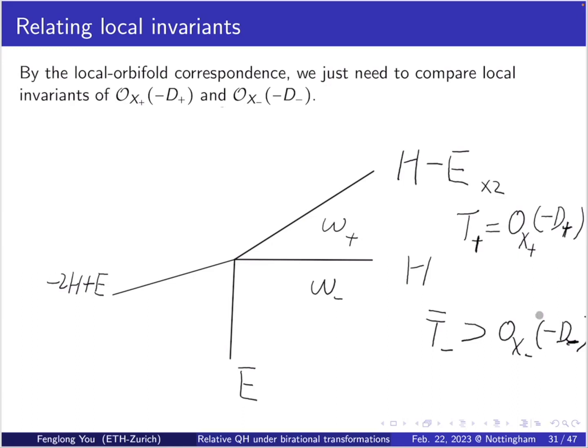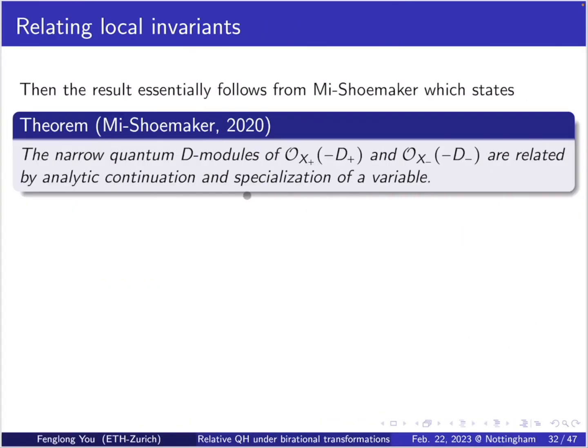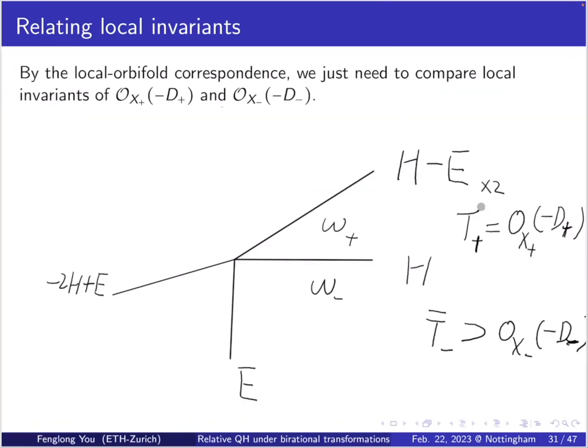Now the relation between these total spaces of the bundles is that you can study the I functions or relative quantum cohomologies or quantum D-modules of the total space of the bundle, and they are related by analytic continuation and specialization of a variable. The analytic continuation is the relation between this T plus and T minus bar, and the specialization goes from this compactification to this bundle. So from plus to minus is the analytic continuation, and this inclusion here gives the relation of specialization of one of the variables.